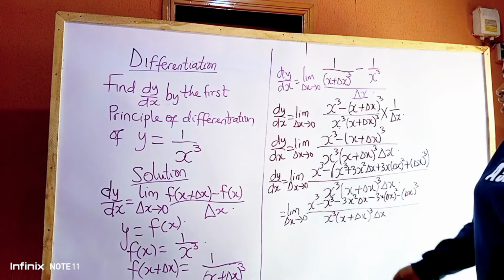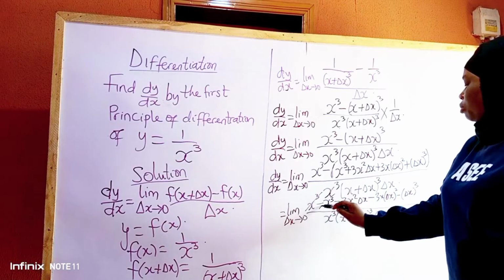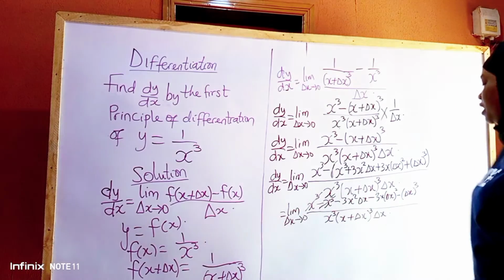So from here we can see that positive x cubed will cancel negative x cubed.